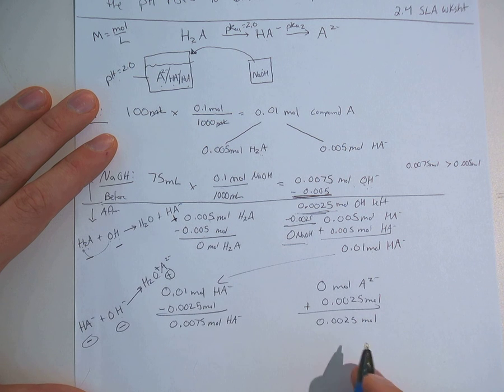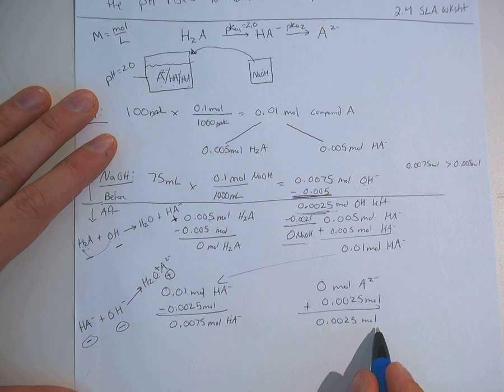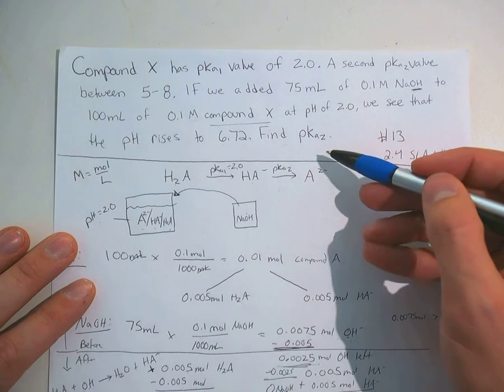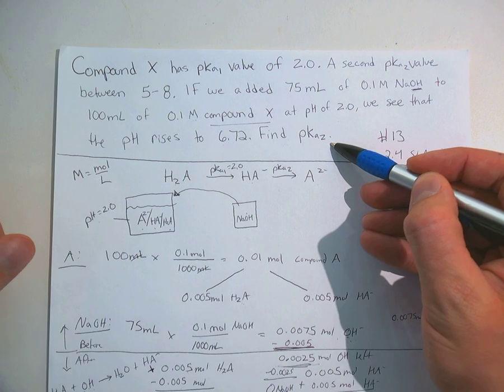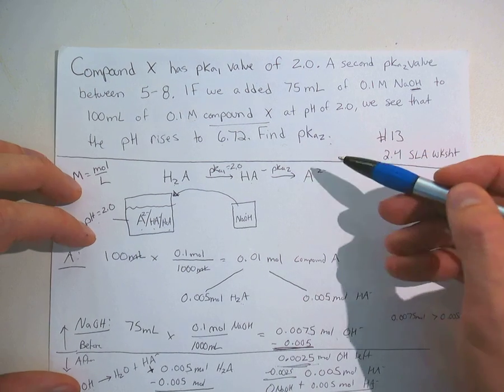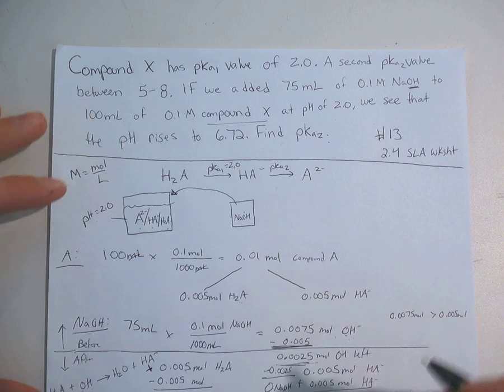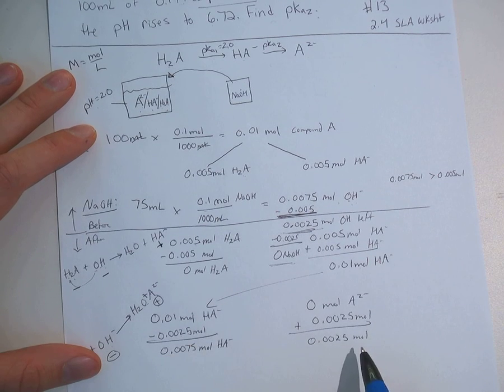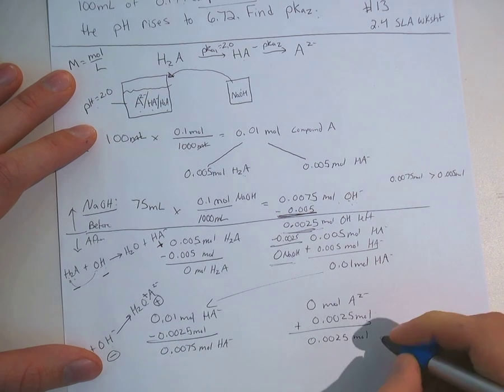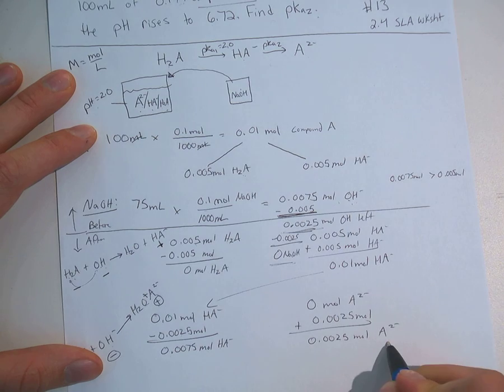All right, and so now we're going to have to convert these to molarity to put them back into the Henderson-Hasselbalch equation. Because if I remember, I'm still trying to find the pKa. So getting to pKa, I have to think, okay, what equation do I know relates the information that I'm given and the information that I'm looking for? So I'm given now concentrations of the conjugate acid and the conjugate base.